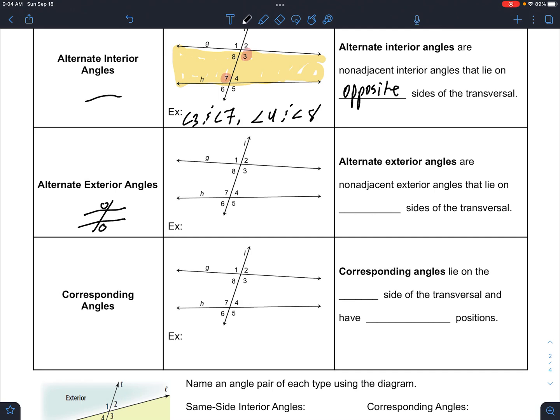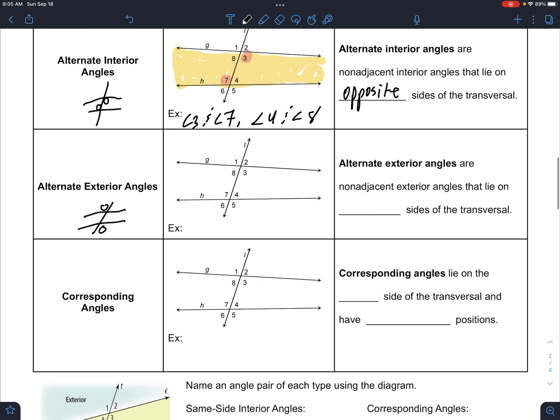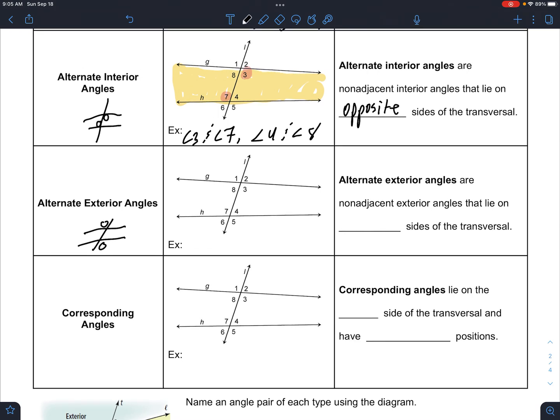Okay, so those would look something like this. And alternate exterior angles are the exact same thing, but we're looking at ones that are on opposite sides of the transversal, but they're on the exterior. So that would be like 1 and 5. And 2 and 6.